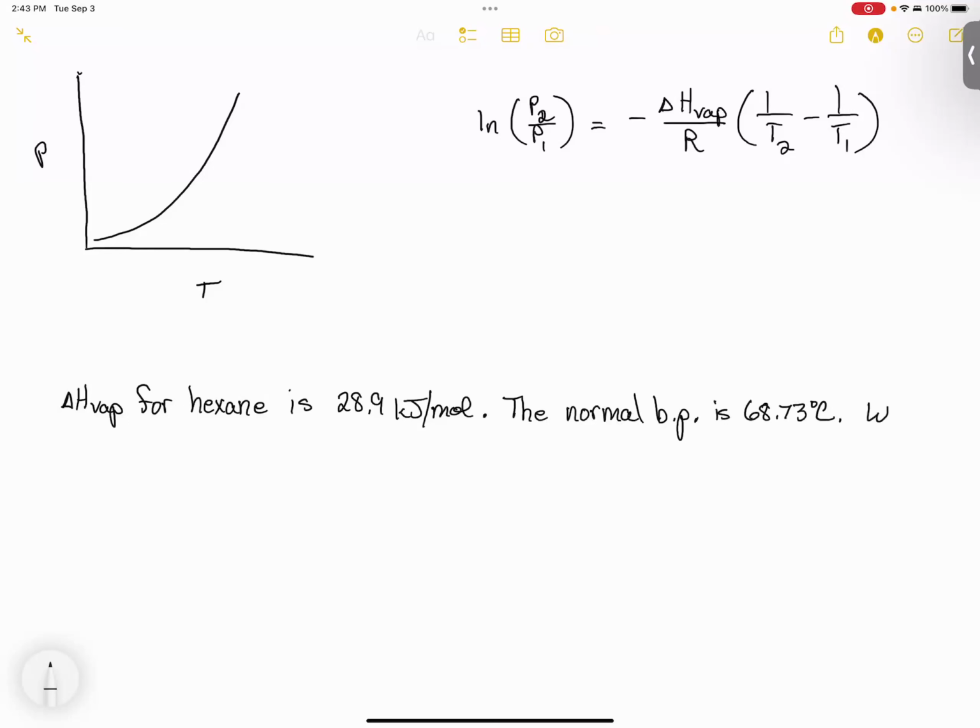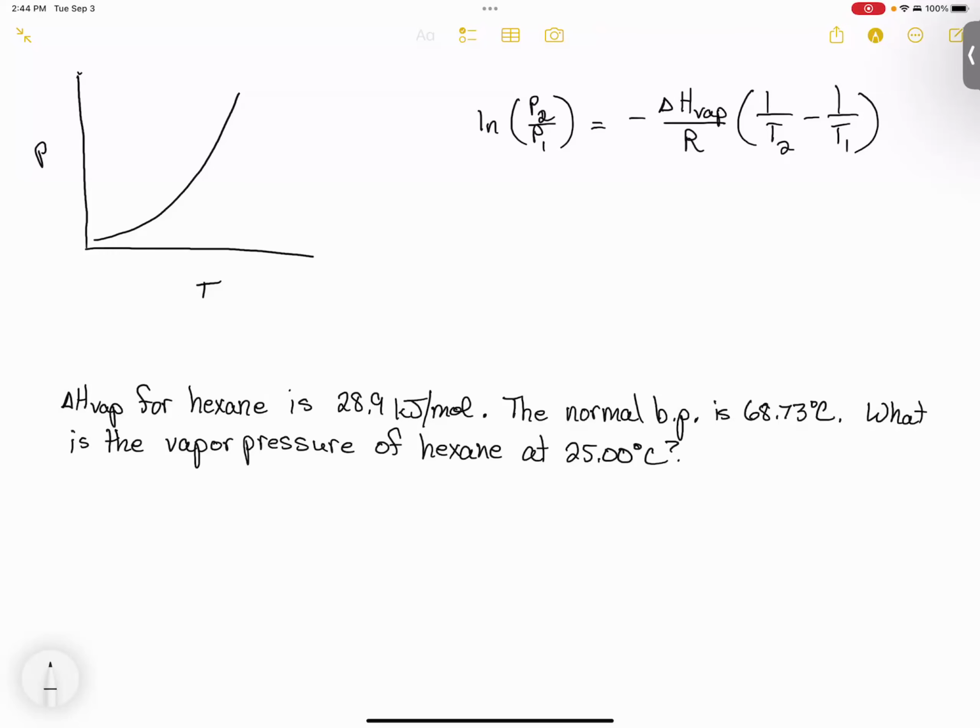What is the vapor pressure of hexane at 25 degrees Celsius? Okay.